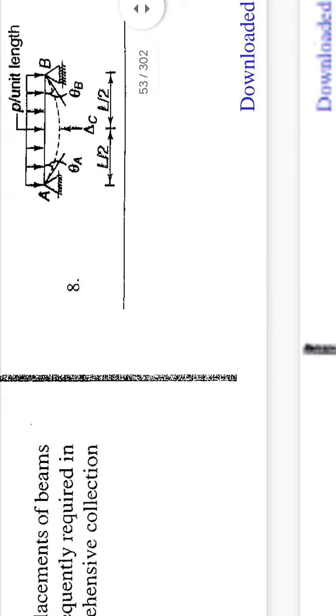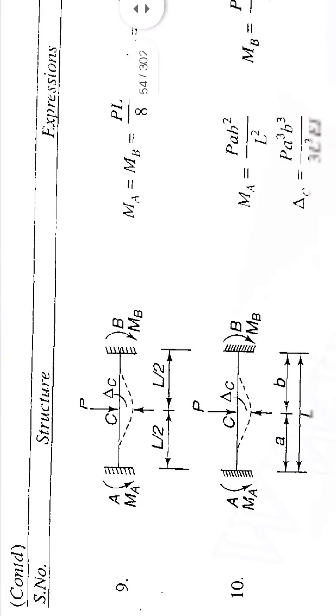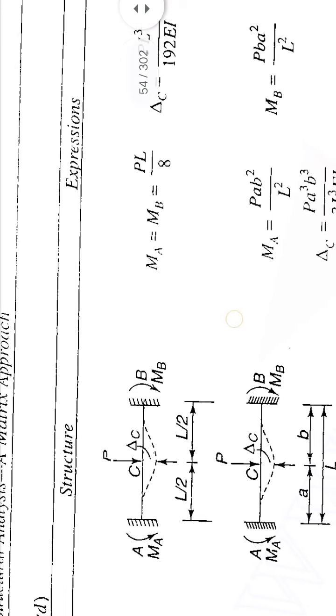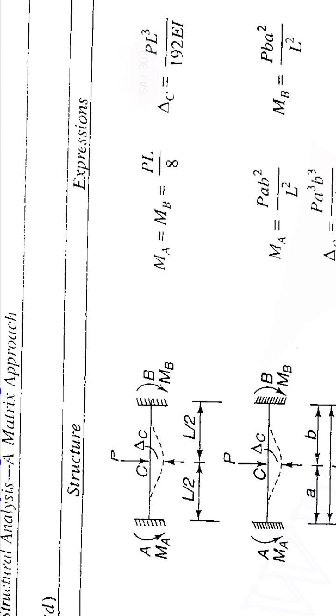Next, if we go for a fixed beam condition, we have a fixed beam with a point load at center, then the moment about A and the moment about B are given. In the previous cases all were simply supported or cantilever, for which you have the slopes at the points.